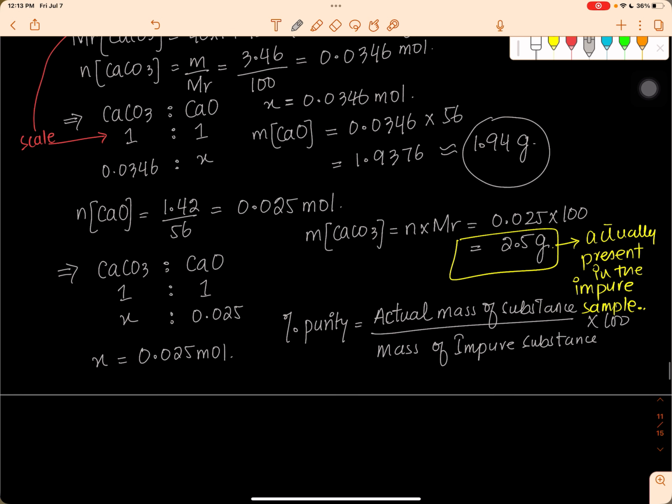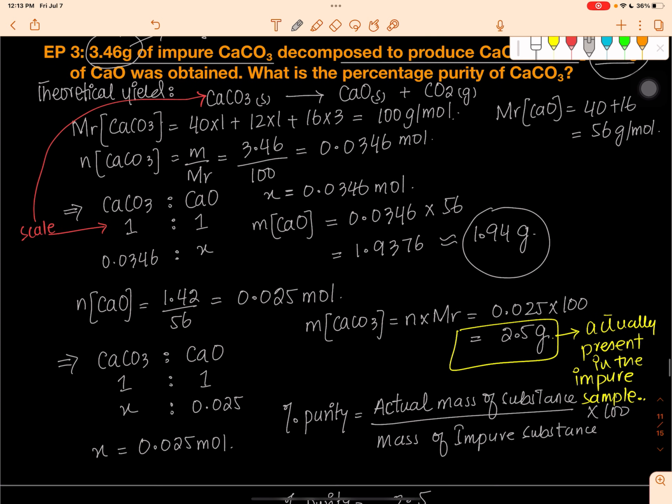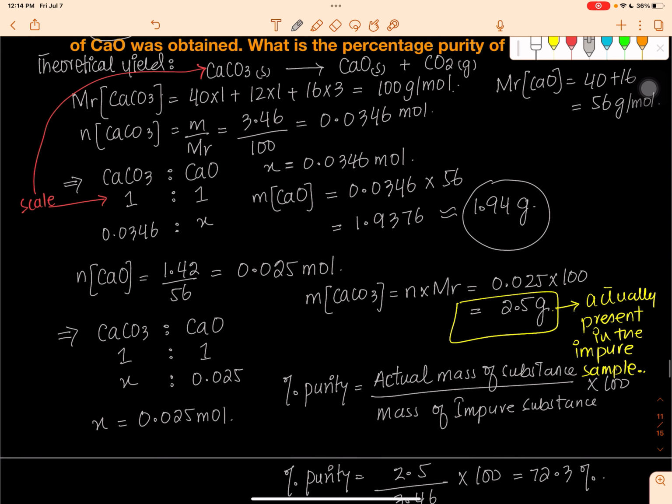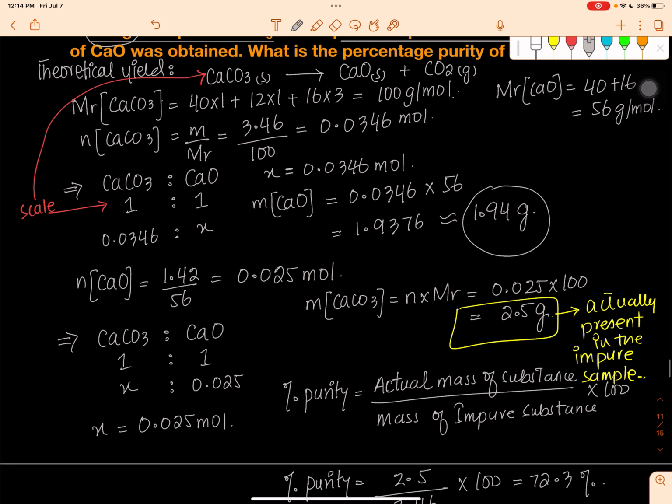So percent purity is equal to 2.5 divided by 3.46, that was the gram originally taken, times 100. What do we get? This is 72.25 or 3% pure.